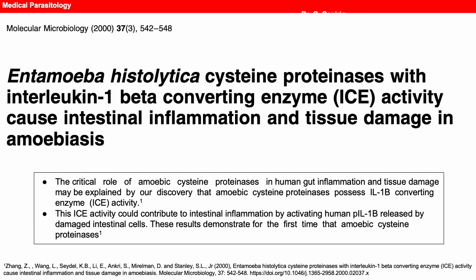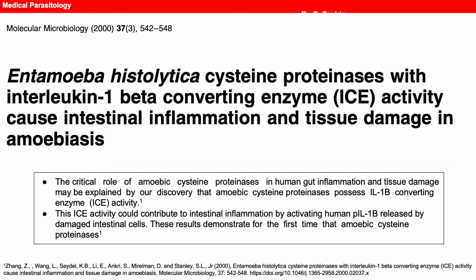That is why they are capable of invasion. They can invade through the intestinal wall and can potentially migrate through the portal vein and eventually reach the liver. So that is one of their ways to invade the intestinal lining: the presence of cysteine proteinases.